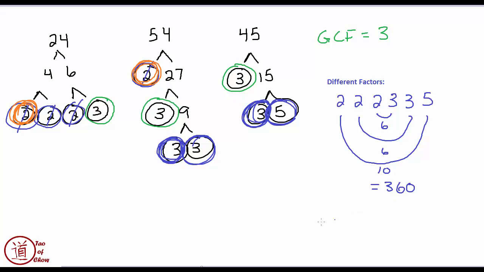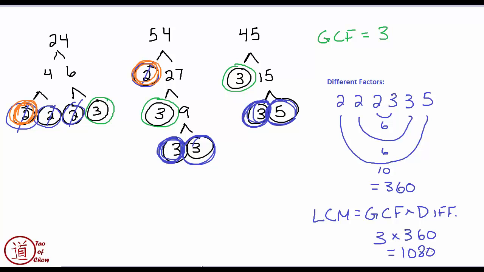Remember my LCM is equal to my GCF times the differences. The GCF is 3, the differences is 360, which means my LCM is 1080. And that's how you do it.